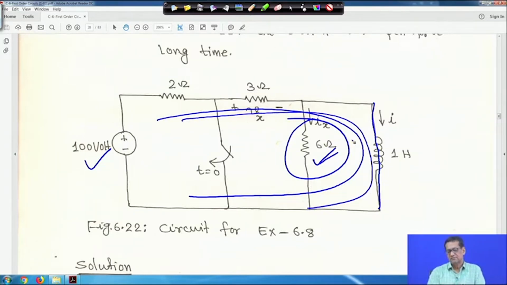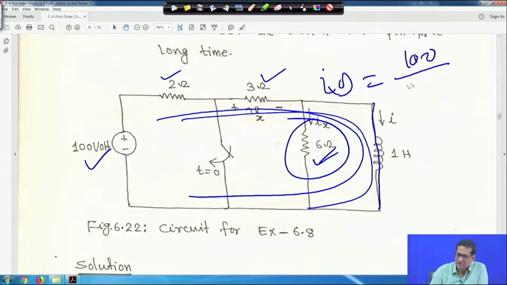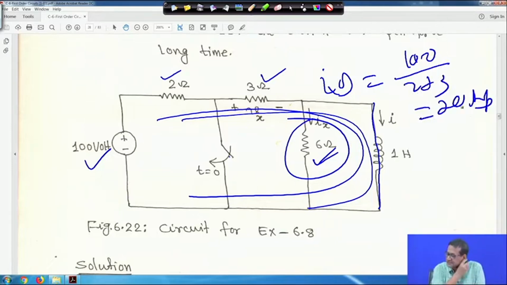So, initial current Ix(0) is 0, right, and the initial current of the inductor is, the 2 ohm and 3 ohm are in series, and this is open, right, it was open for a long time, and only at t greater than 0 it was closed. So, the initial current I(0) will be 100 divided by 2 plus 3, that is 20 ampere, the initial current flowing through the inductor, and Ix(0) will be 0.